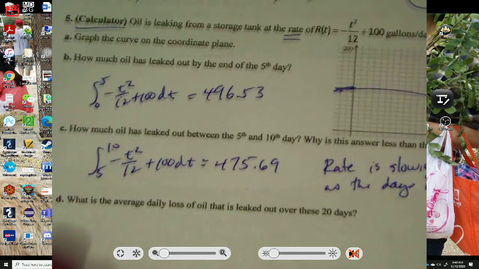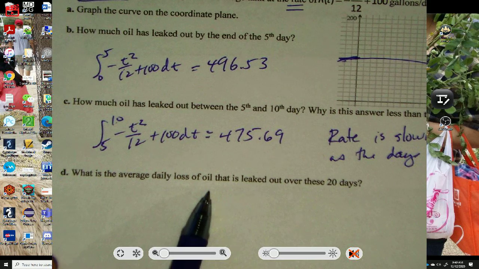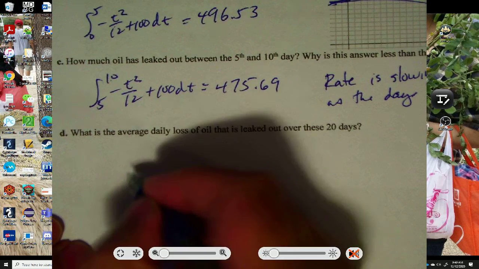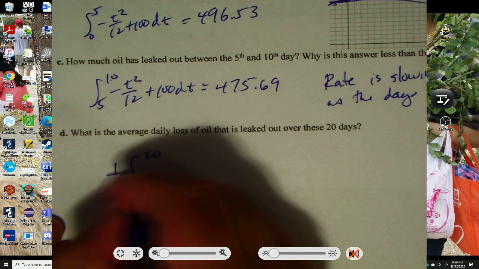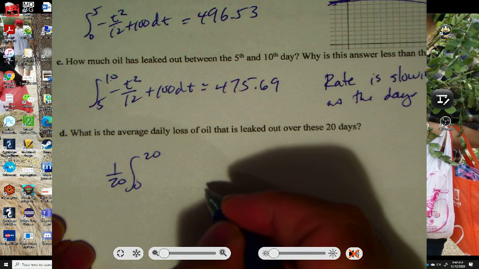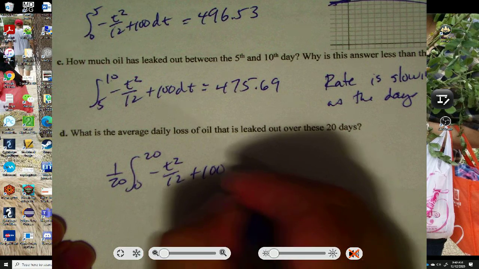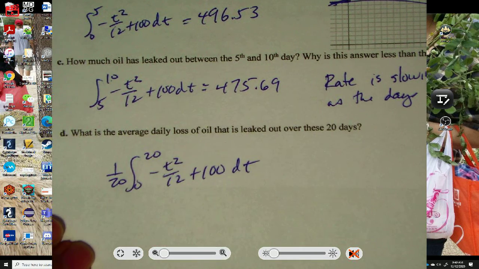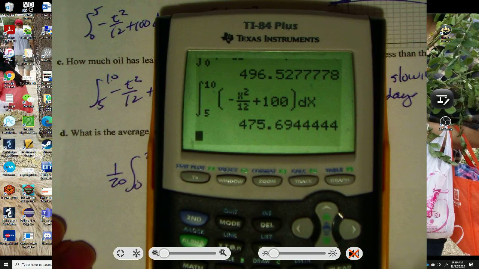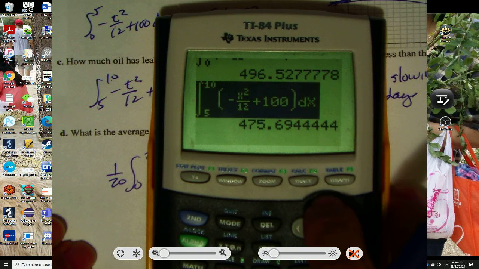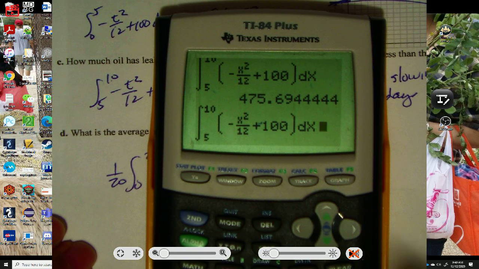What is the average daily loss for 20 days? So now we're going to go from 0 to 20, and we're going to divide by 20. I'm going to go in here, basically the same thing again. Take enter, and I'm going to go far left.